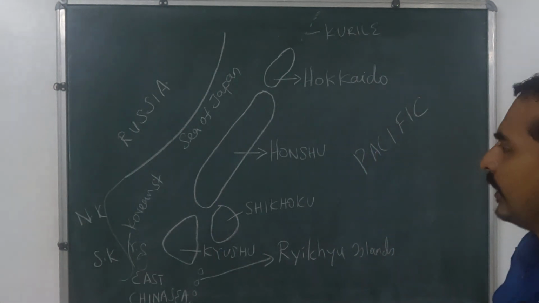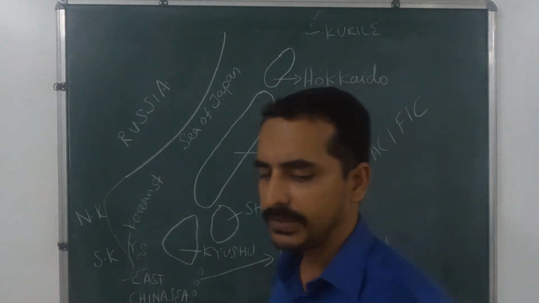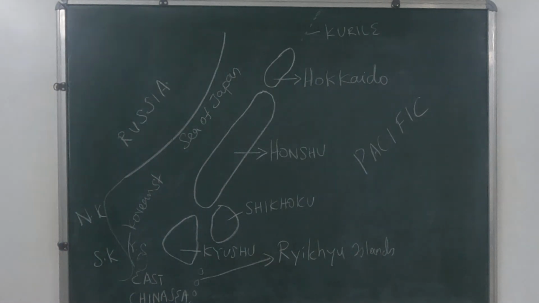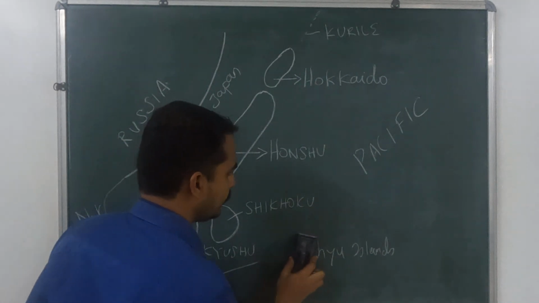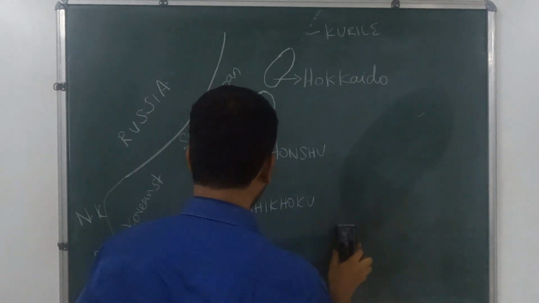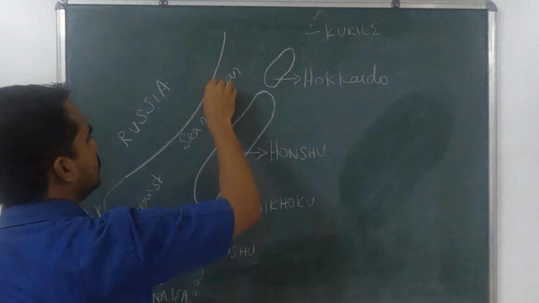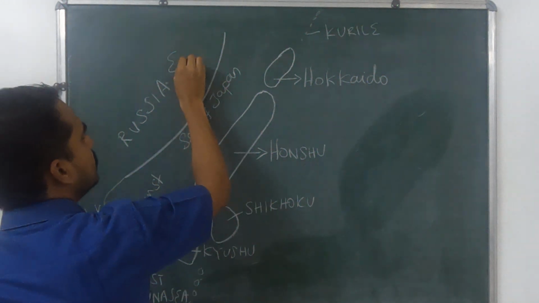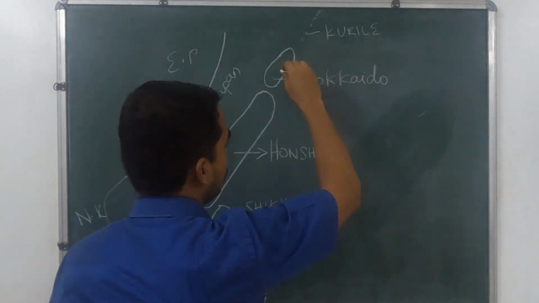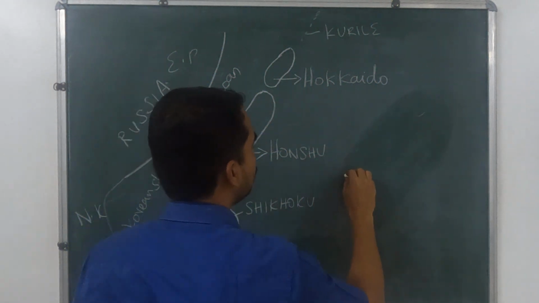Then other important physical features, the geological features: Japan is located in a plate boundary region. The Eurasian plate is in the western part, and in the eastern part it is the Pacific plate.